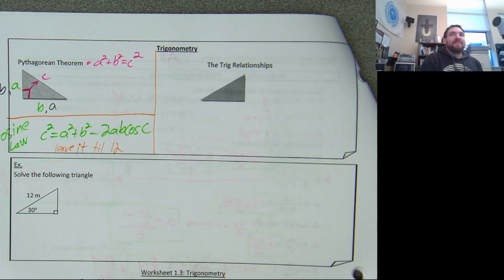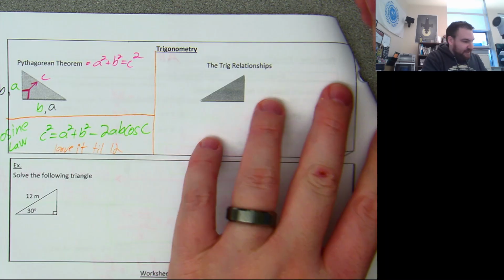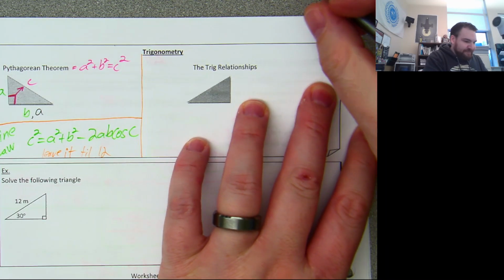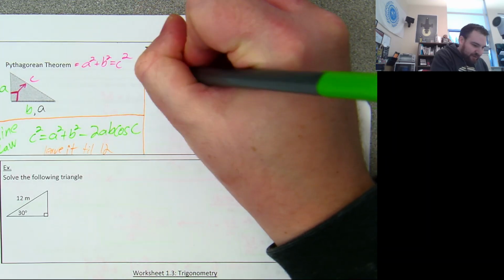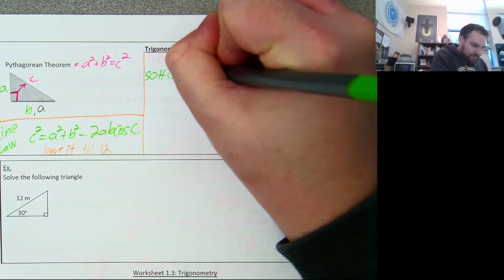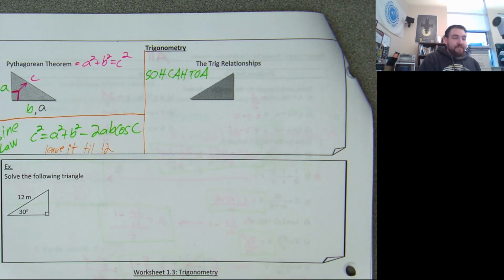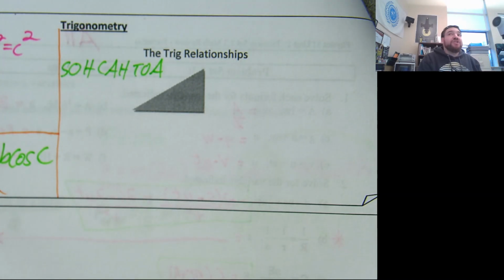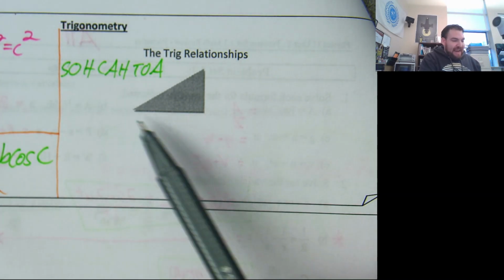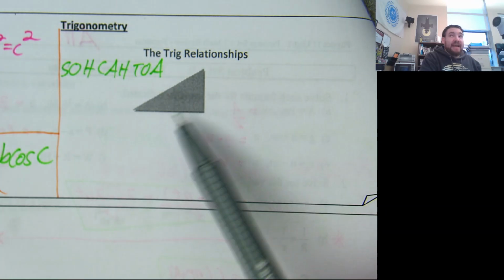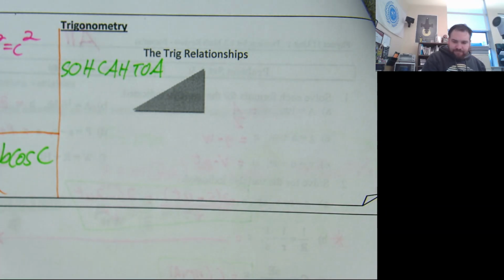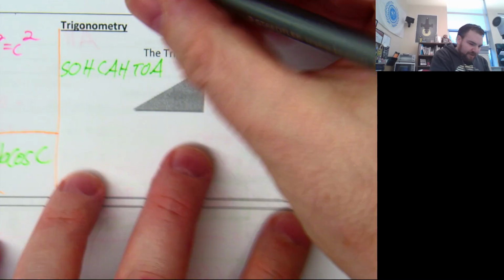The trig relationships, the handy-dandy way to remember these is SOHCAHTOA. And this gives you a relationship between three ratios and various sides in a right angle triangle. So I'm going to label this guy here.